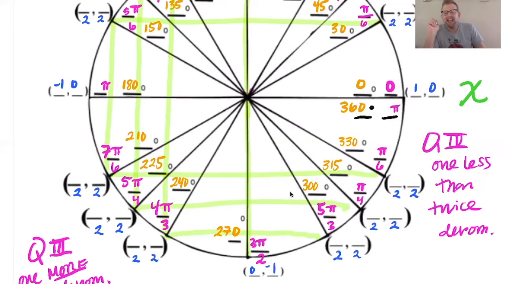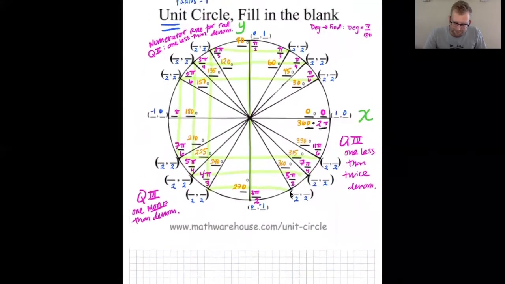Twice 4 is 8. 8 minus 1 is 7. And then twice 6 is 12. 12 minus 1 is 11. And a full revolution around the unit circle would end us with 2 pi. All right. So those are my tricks for the radians.